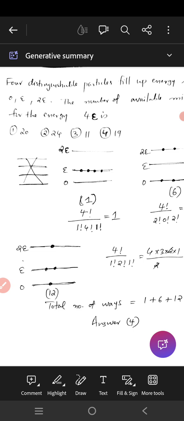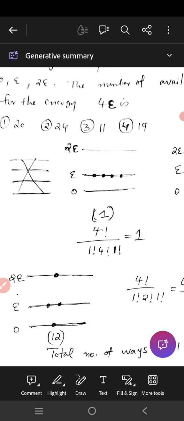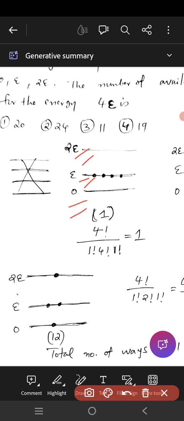So each individual particle can be in three energy levels: 0, epsilon and 2 epsilon.